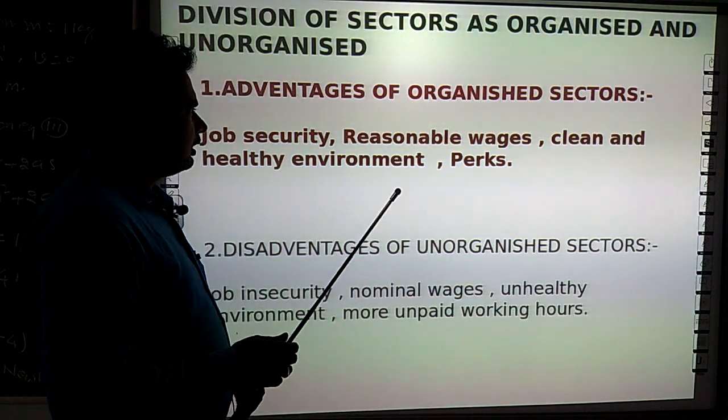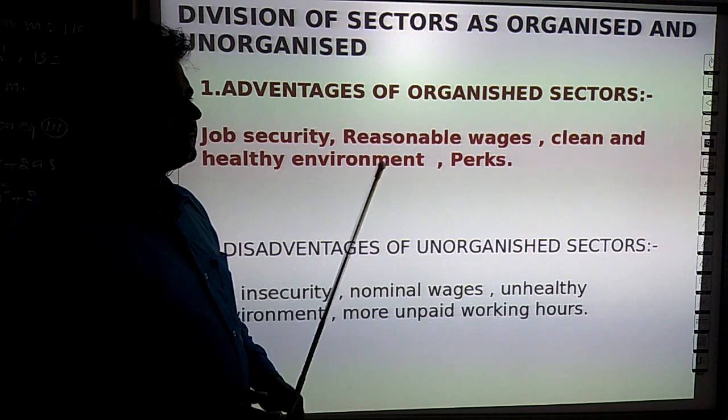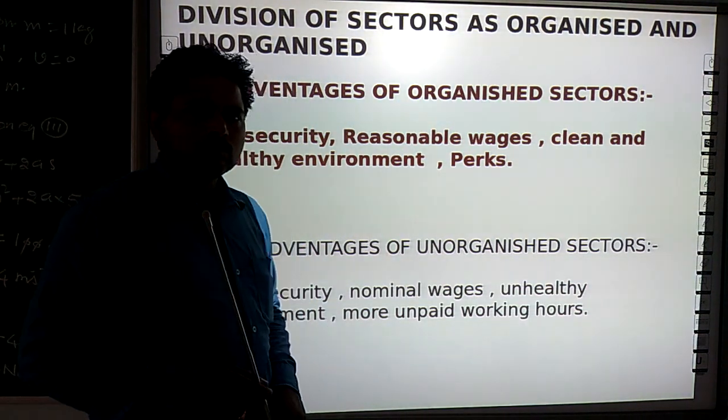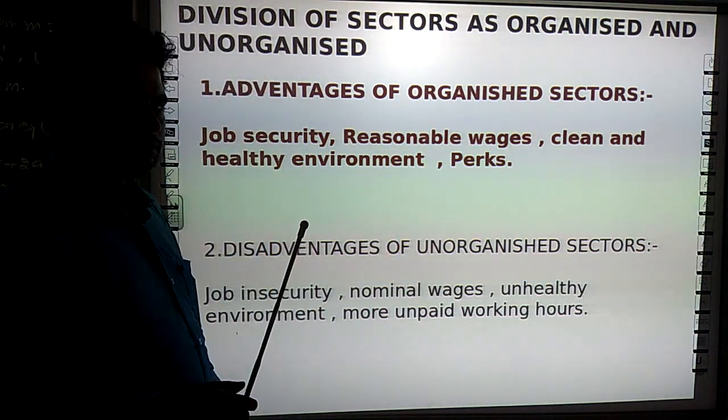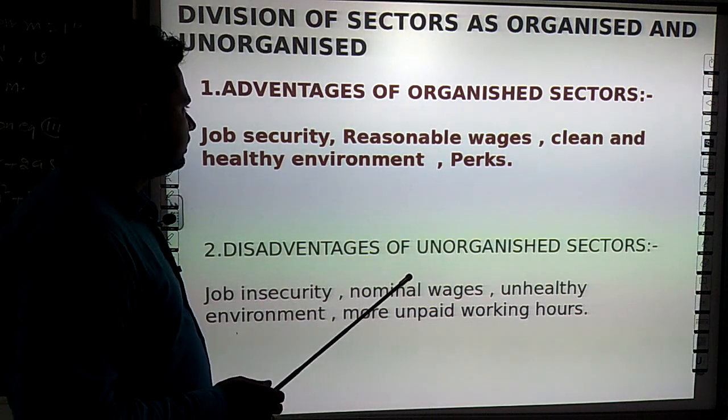Along with it, they get a reasonable wage, which is good for their survival.